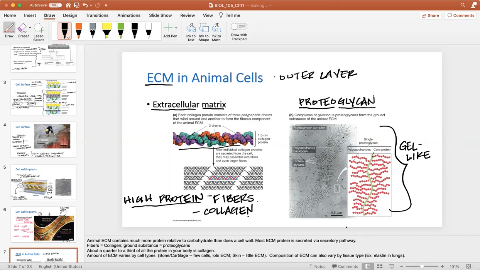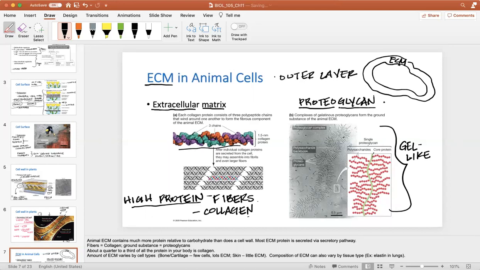So that means that all of the goo that ends up on the outside of an animal cell, so I'm going to draw kind of an animal cell, all of this stuff out here, that is the extracellular matrix. Because most of this is protein, it follows the secretory pathway.